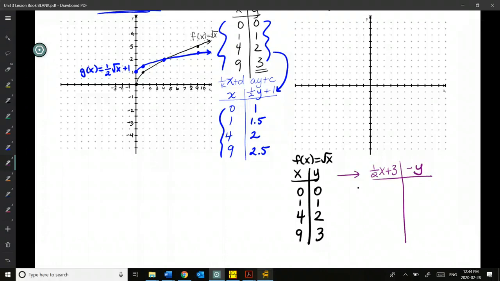Yep. Okay, take your x's. We're going to halve them and add 3 to them. And take your y's and multiply them by -1. So the y's are basically just going to switch sign.